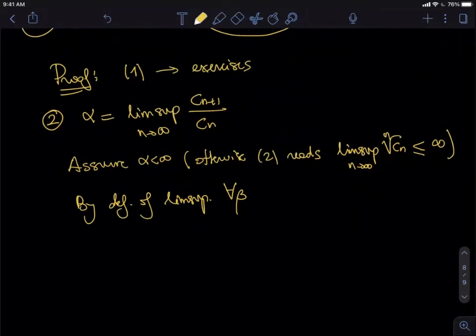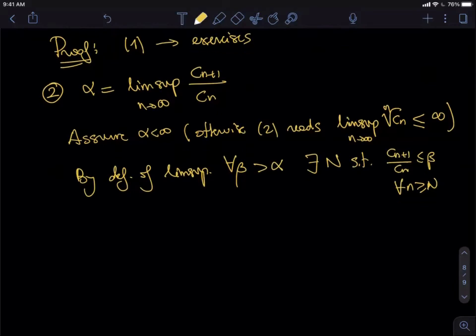We can just fix any beta that is bigger than alpha, and know that there exists some capital N such that c_{n+1} over c_n is less or equal than beta for all n bigger or equal than capital N. Okay, from there we get c_{n+1} less or equal than beta c_n, and remember this is for every n bigger or equal than N.